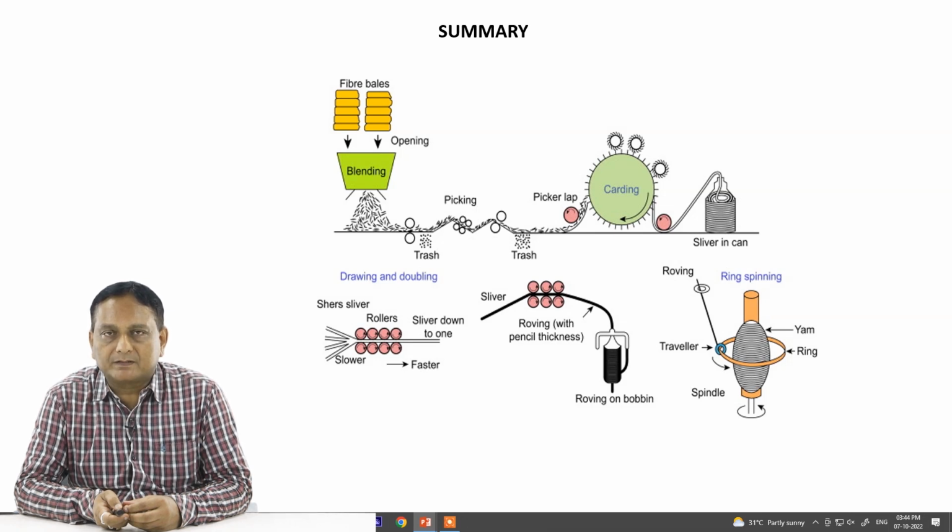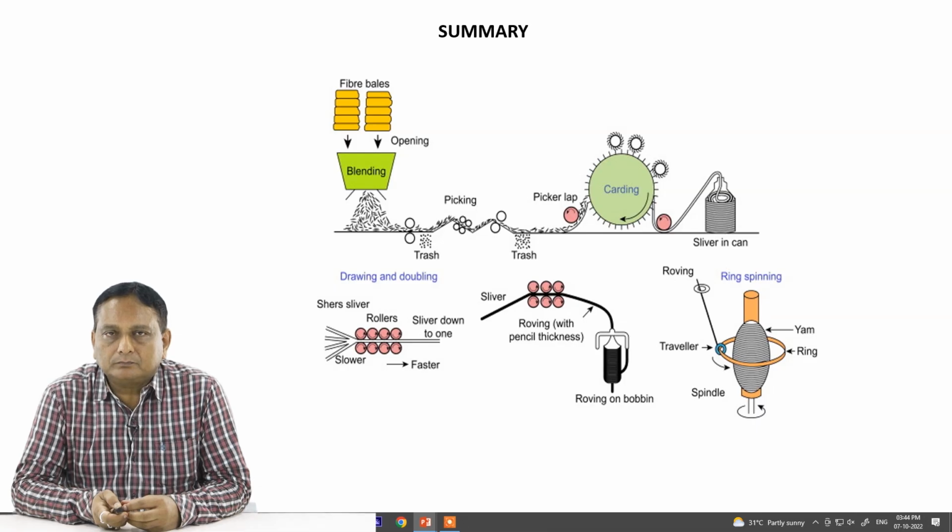So transfer of fibers takes place, and then the sliver is produced there. Ultimately from the sliver frame it goes to the roving operations, that is from the drawing zone to the roving frame. So the roving bobbin is there, and then the roving package is subjected to the ring spinning operations, and ring spinning happens there. So we get the cotton spun yarn.